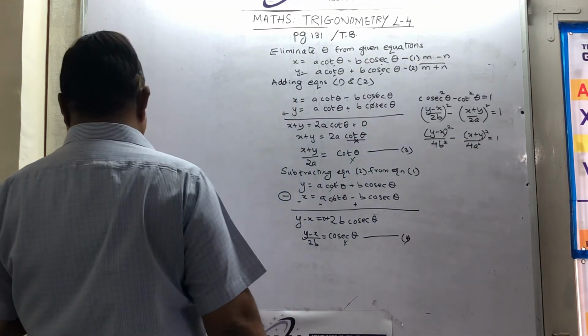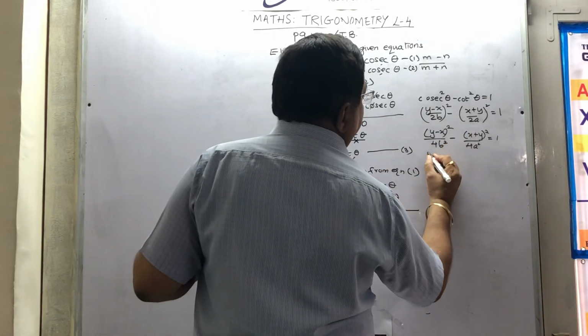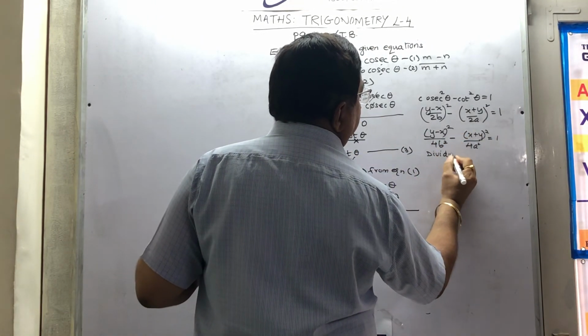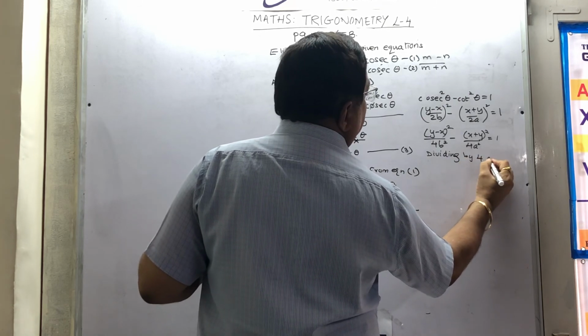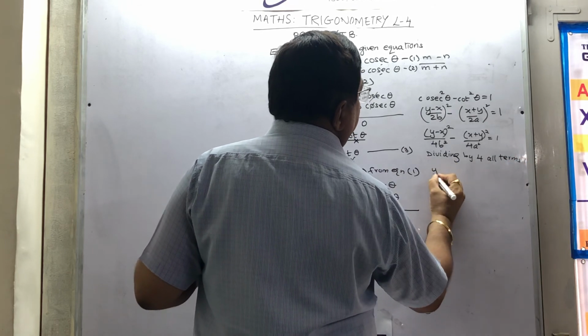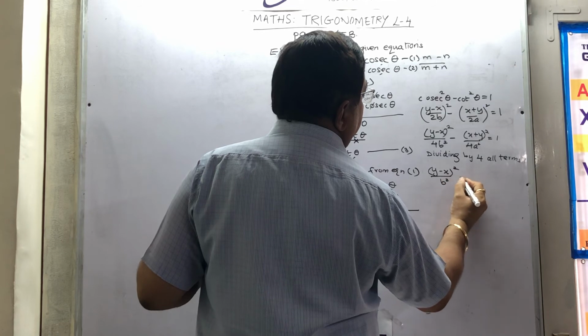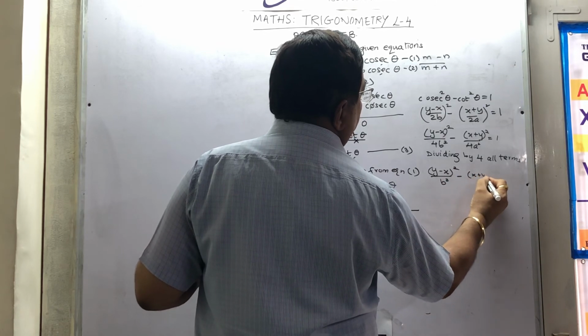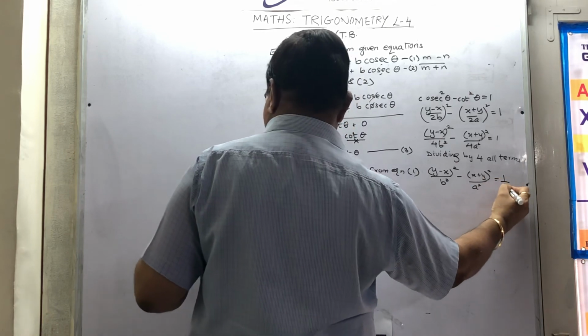See? You may now divide by 4, dividing all the terms by 4. So I will get (y minus x) square upon b square minus (x plus y) square upon a square is 1 by 4.